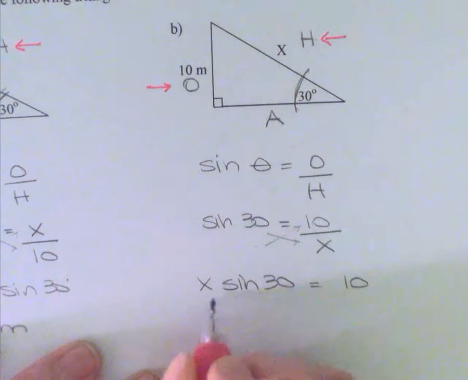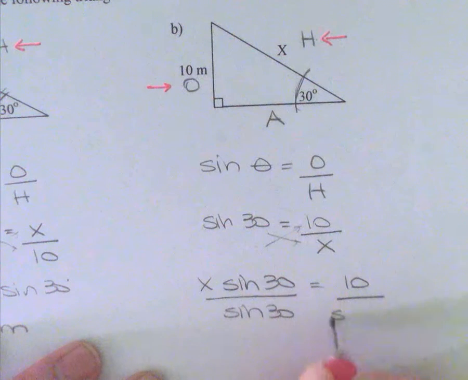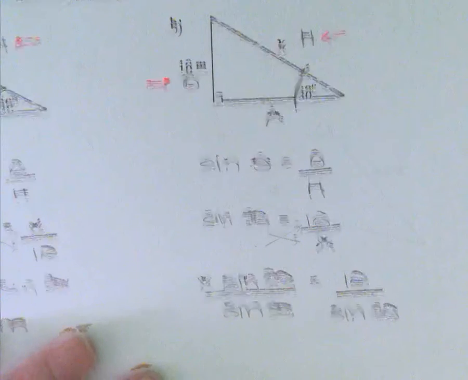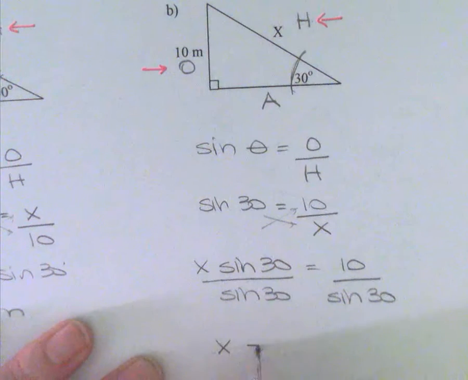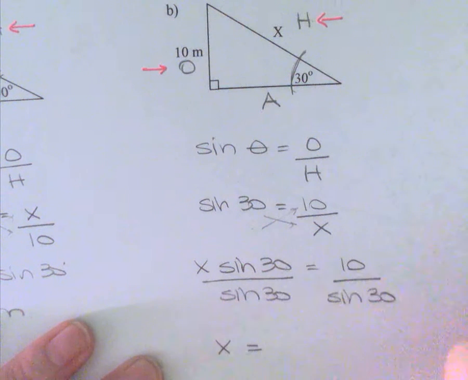So what I can do is I can divide this side by sine 30, and I can divide this side by sine 30. So I'm going to get x equals, well, these two will cancel out, and I'm left with 10 divided by sine 30, and that's what I can put in my calculator.